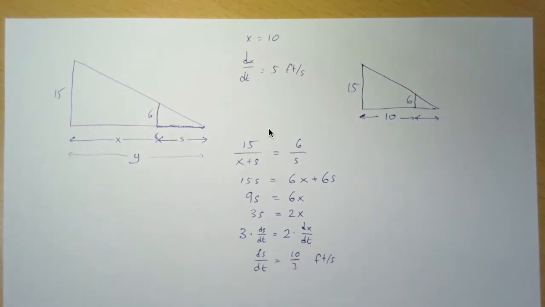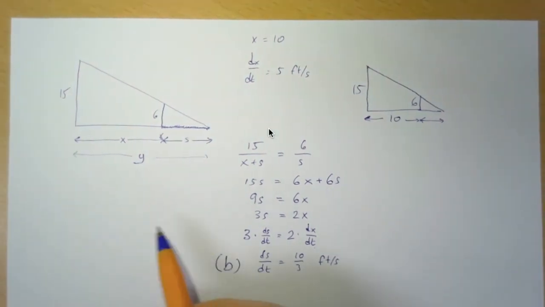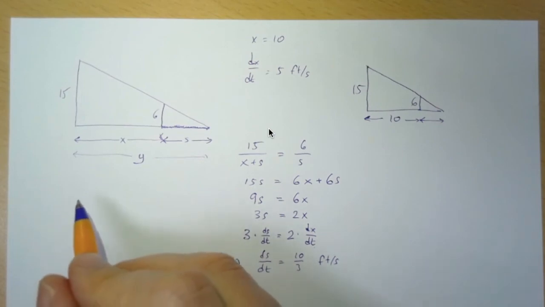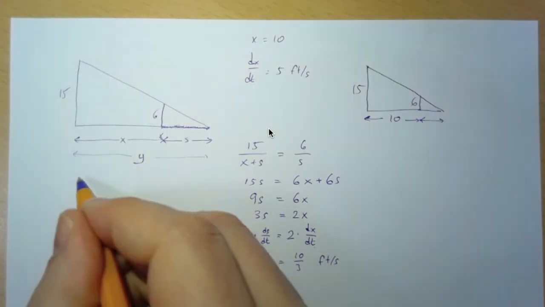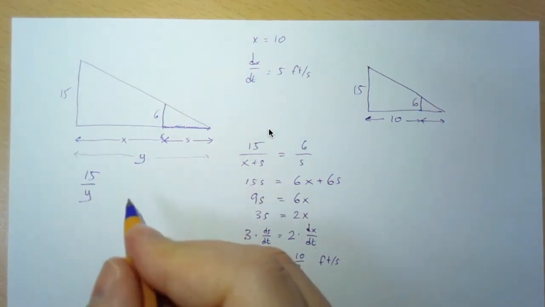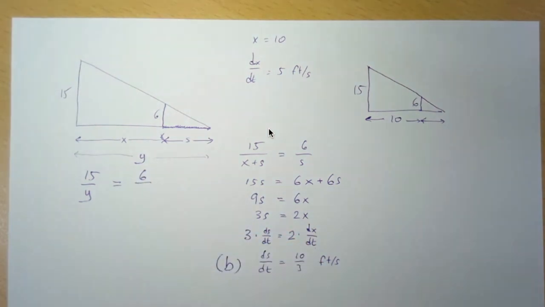So I need to start again, and this time to answer question A, I'm going to be looking at what dy dt is. Same trick. Let me put a B here, and perfect, I can go back here and do A. I'm going to use similar triangles again, but this time I'm going to use 15 over y, because dy dt is what I'm interested in, is equal to 6 over, now I have a choice.